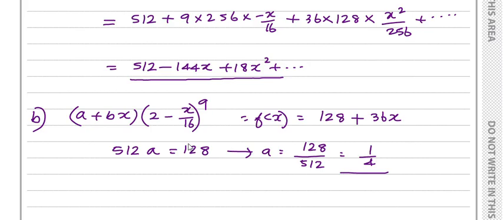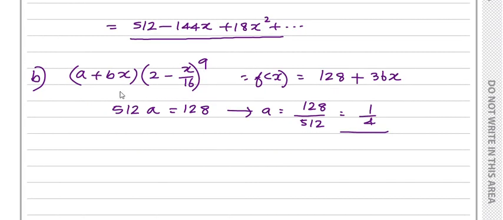Now how to derive the b value? b is the coefficient of x here, and that gives us 36x when you multiply bx with something inside here which will only give the x term, not the x squared term. So which terms will produce x? bx times 512 will produce an x term, and a times another x term coming out of here will also produce an x term.